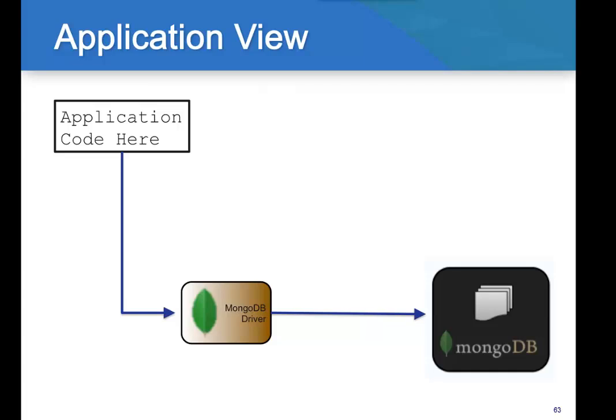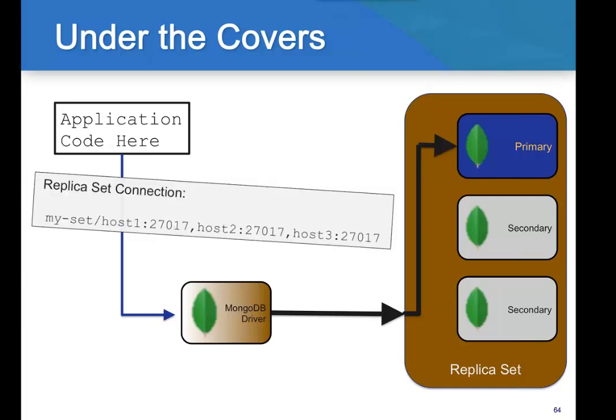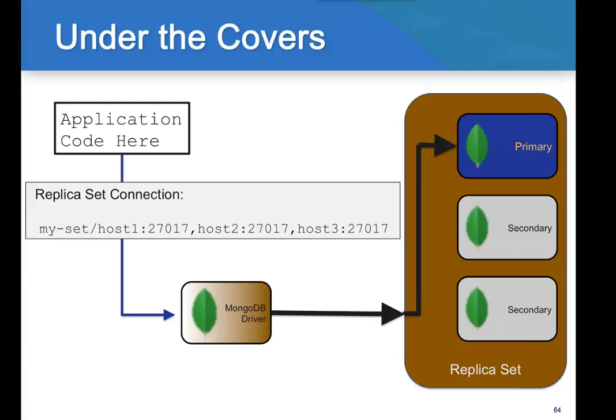On the other hand, you can configure your driver or your application to connect to a replica set. So your application code still connects to the driver, and the driver has code in it where it detects where the primary is in this replica set and connects directly to that primary. So the way that this works is that when you make the connection, you literally change one line of code, and instead of connecting to a host and port, you make what's called a replica set connection.